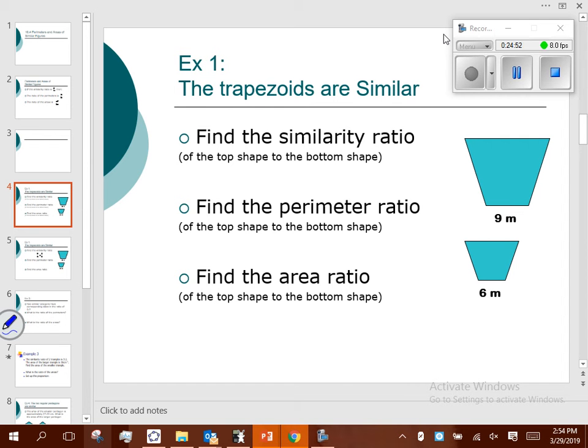Do you have the ability to find the perimeter of either of those shapes? How? Magic. Do you even know what those shapes are? They look like trapezoids. We don't know. Okay, so they're trapezoids. Do you know if they're right trapezoids? Do you know if they're isosceles trapezoids?